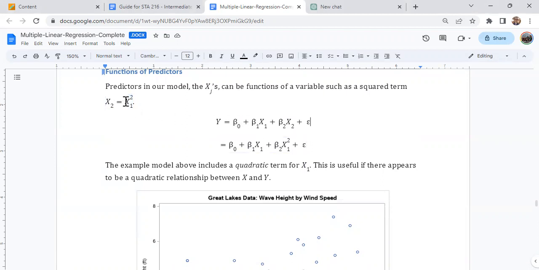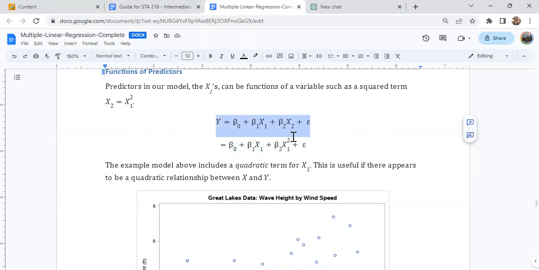So for example, if wind speed is x1, we can include an additional predictor in the model, which we could call x2, but it's actually just equal to x1 squared. So now here's what you're actually using to model the response variable y.